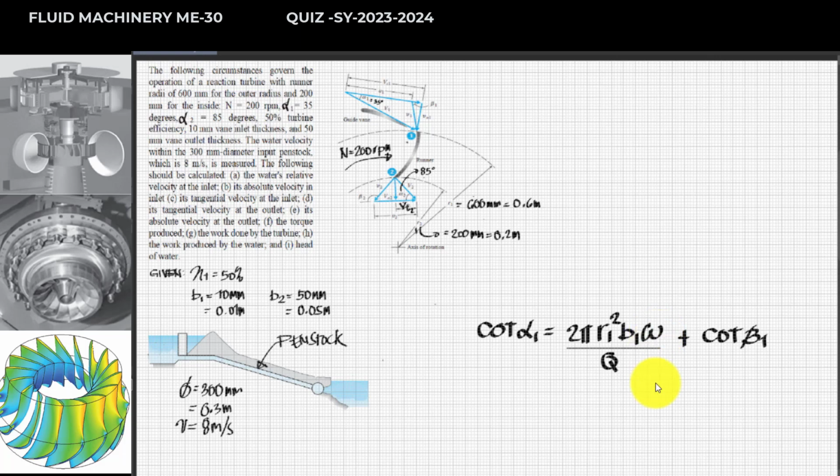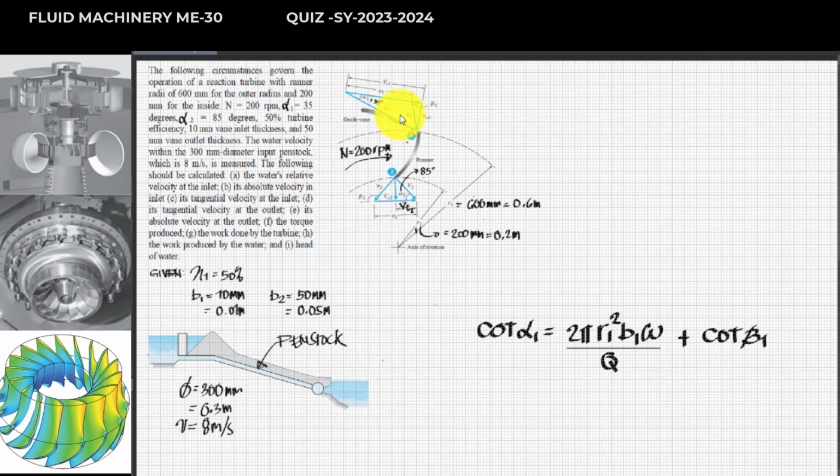And the volume flow rate, we need to determine it from the volume flow rate of your penstock, so it can be solved as the area times the velocity. Then beta 1 is unknown.